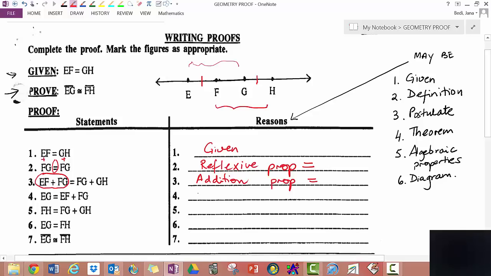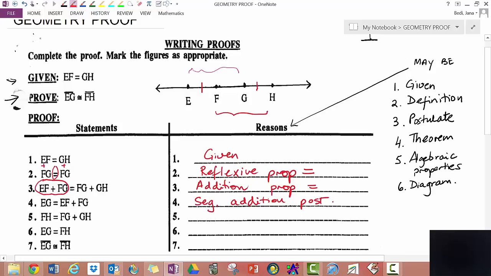So this is supported by the segment addition postulate. Same thing, FH equals FG plus GH, that is also the segment addition postulate.